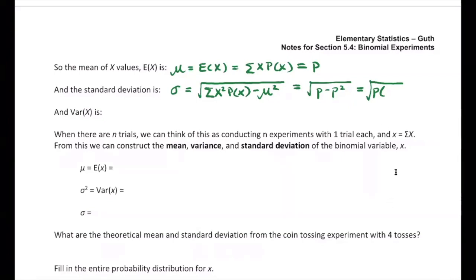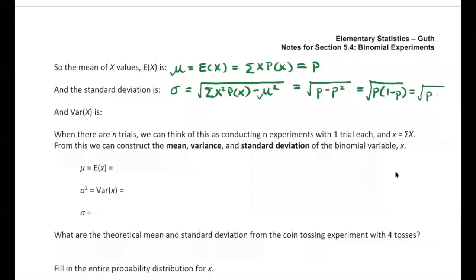One minus p. Good, thank you, Wendy. P times 1 minus p. And while you're at it, what's 1 minus p? There's a letter for that. Yeah, that was q. Thanks, Wendy, again. So the standard deviation is the square root of p times q.